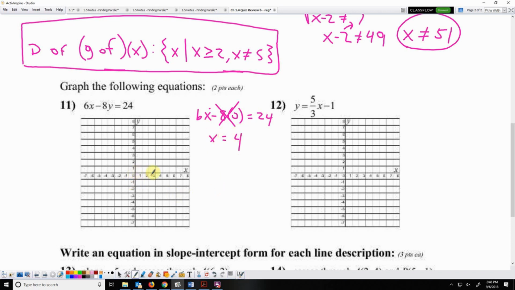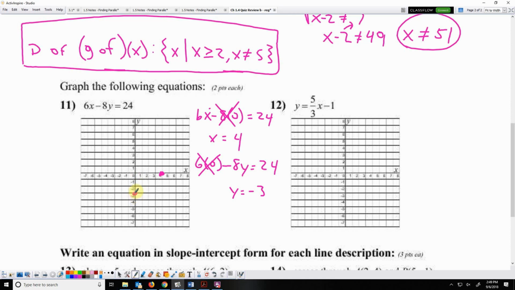So I've got an x-intercept of 4. For the y-intercept, that's where the x has a value of 0. 6 times 0 is 0. Negative 8y equals 24. Divide by negative 8, and you get y equals negative 3.